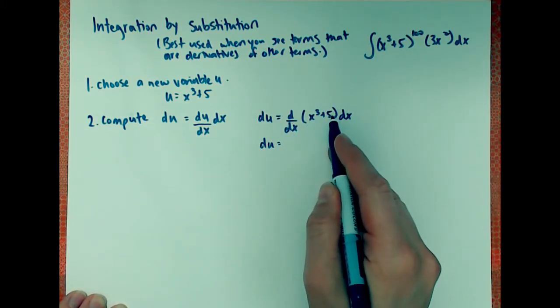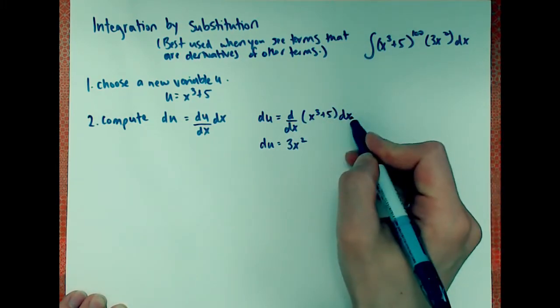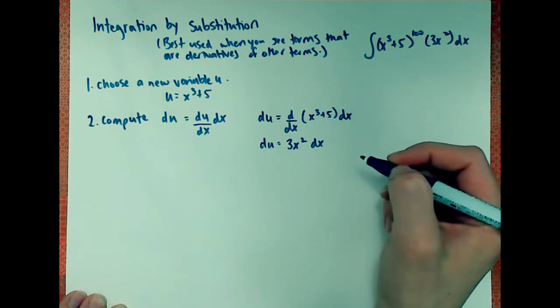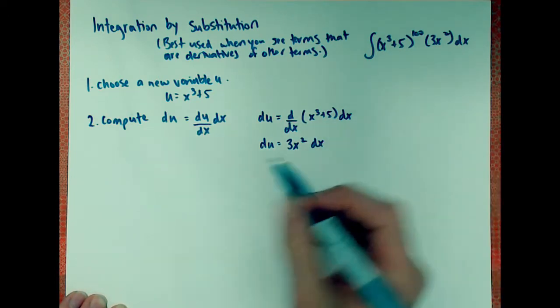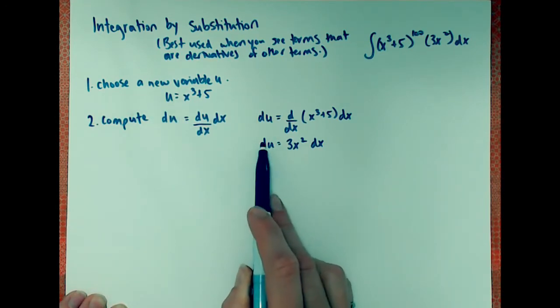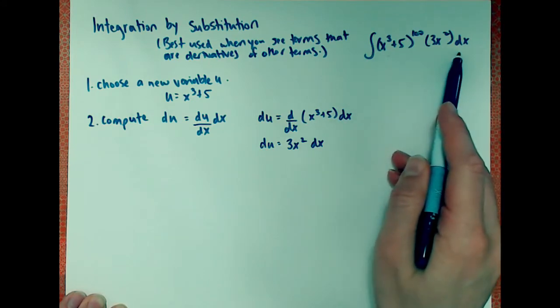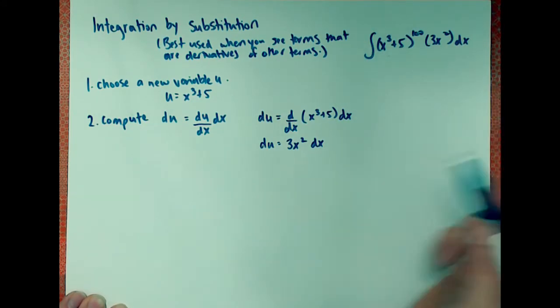The 5 becomes 0. So du is equal to 3x squared times dx. So now we have a u term and a du term, and we're going to rewrite this equation using only u values.